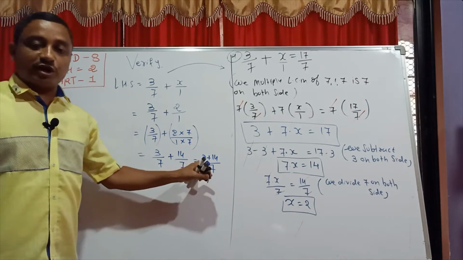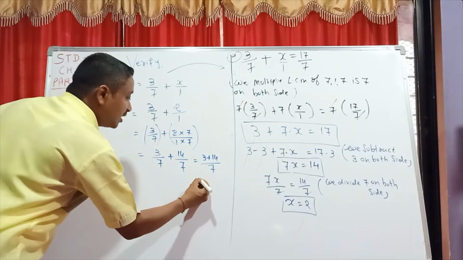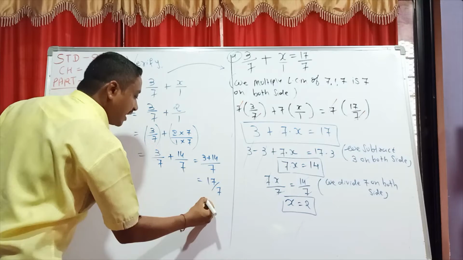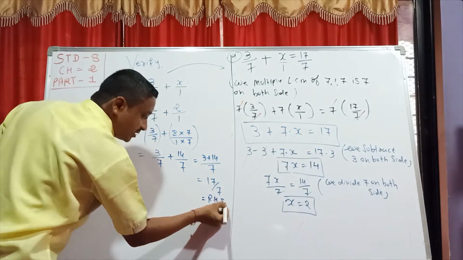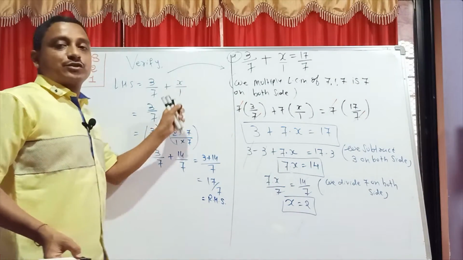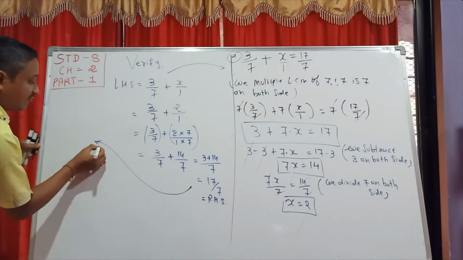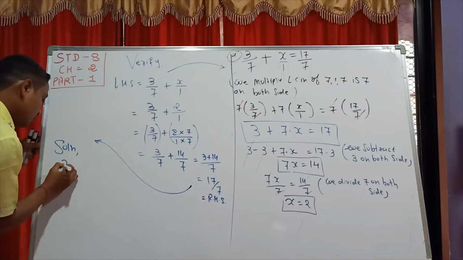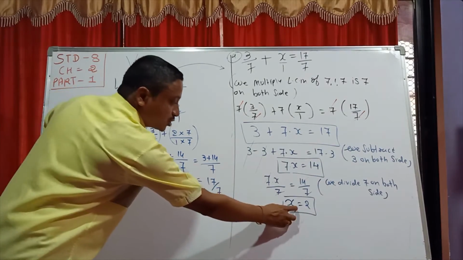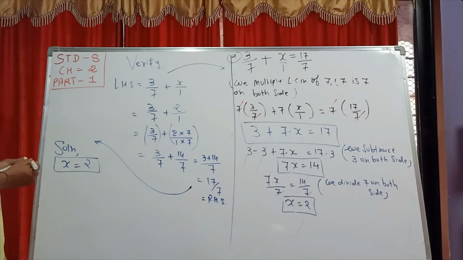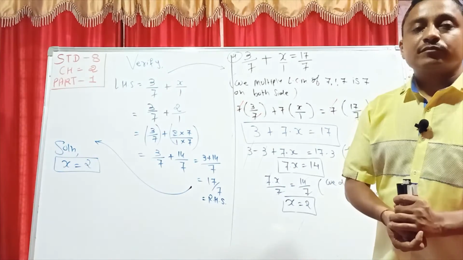So 3 plus 14, how much do we get? Yes, it is 17 by 7. That's my RHS done here. It means my numerical is finished here. Students, this numerical is for 2 marks. So finally write down our solution. What is your solution? This solution is true, students. Yes, x is equal to 2 is your final answer for example number 4.